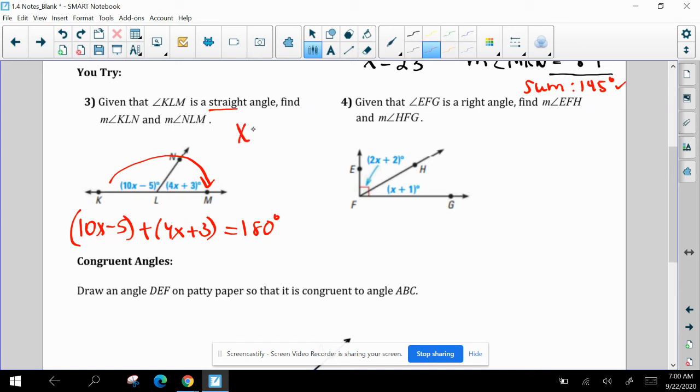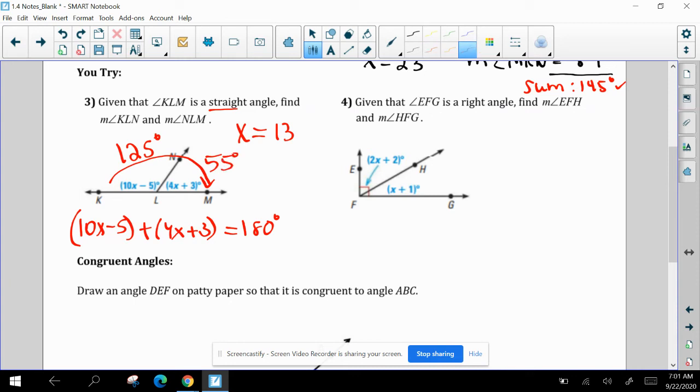The x value should have come out to be 13. And when you found your two angles, this angle, KLN, should have been 125 degrees, and this other angle, NLM, should have been 55 degrees. So hopefully you got those two answers.